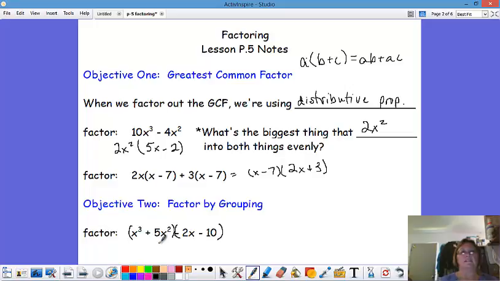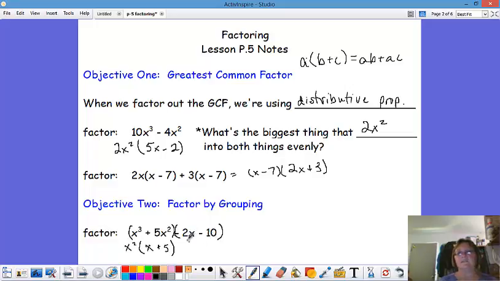As you think about that, the constant here is 1 and here's 5, so we can't divide by a constant, but an x squared could definitely come out of there. If I took an x squared out, what I'd be left with in that first parenthesis is x, because x squared goes into x cubed x times, plus 5. All right, so we've factored that first group.